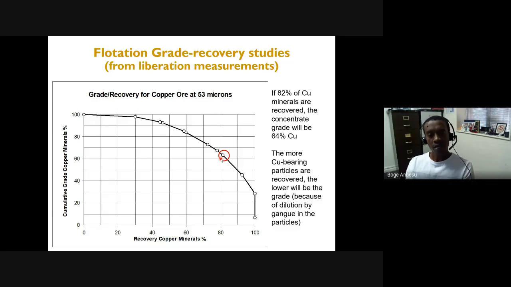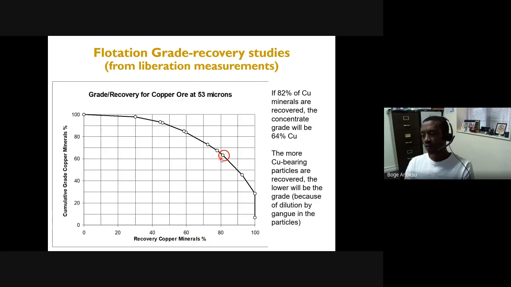Okay. And once we do that, in the cleaning stage, we try to maximize the grade. So in this case, we might lose some material, but the idea is to produce a high grade, or a high percentage of valuable material, in the concentrate. So these are competing, but this can be managed based on the different stages of processing you're doing, okay?